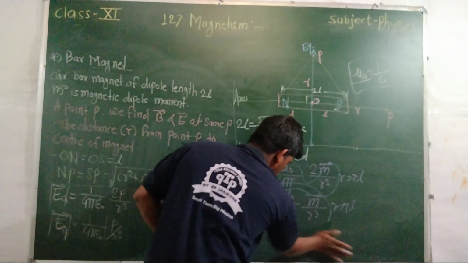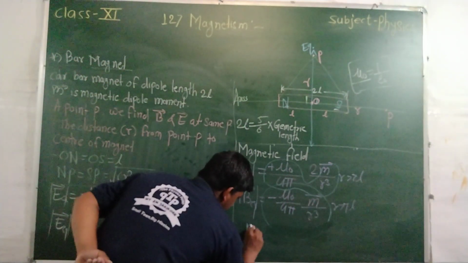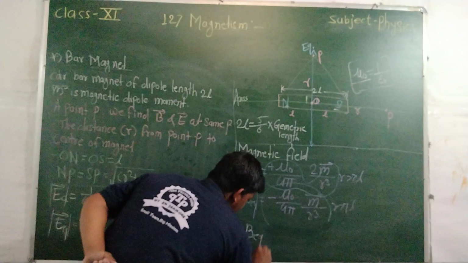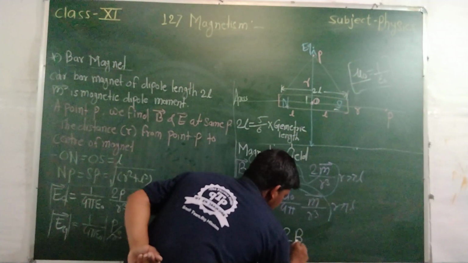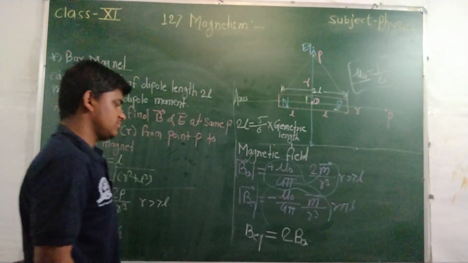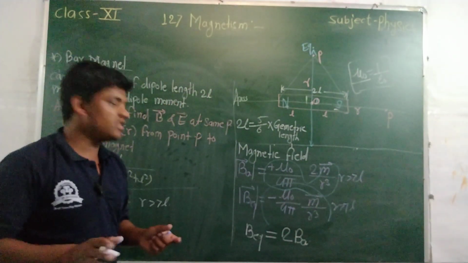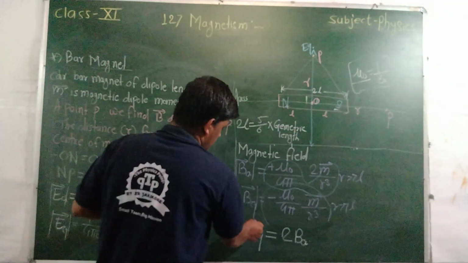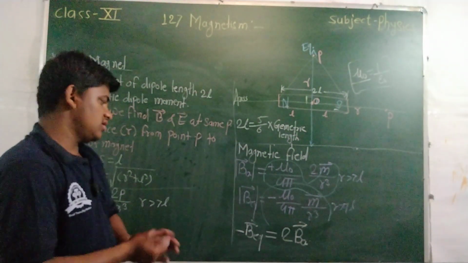Then we write the equation: the magnetic field at the axis is equal to 2 times the magnetic field at the equator. That is the magnitude; we are just considering magnitude. When we take vector form, we use the signs.